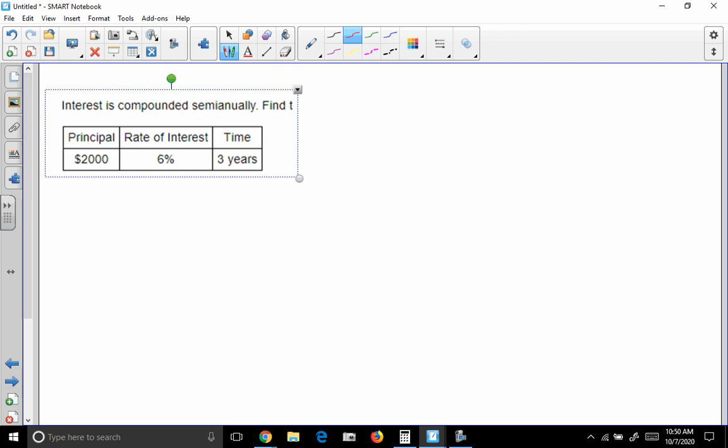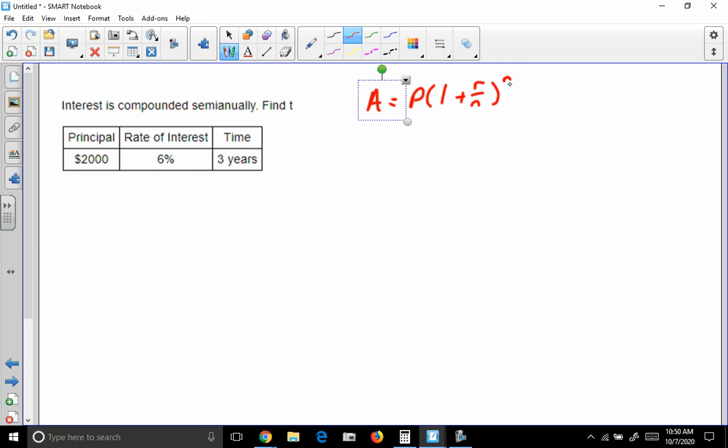Let's do one of these where we have compounded interest. So our compounded interest formula is A equals P times 1 plus R over N to the NT. So P is the principal, or your starting amount.